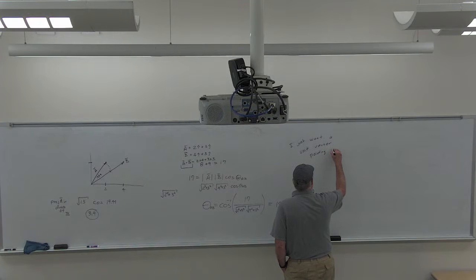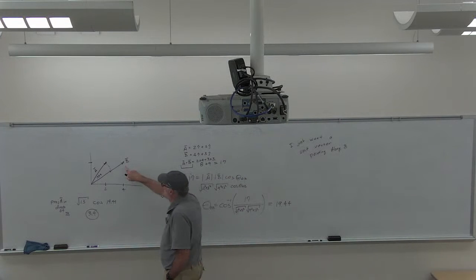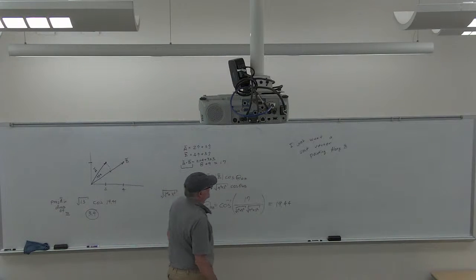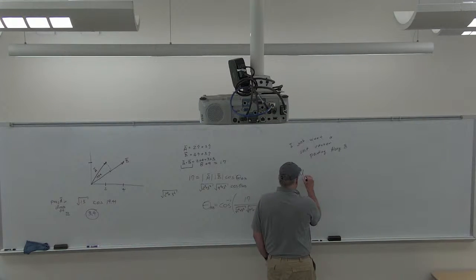So how do you find that? How would you find a unit vector that points along B? Anybody have an idea?